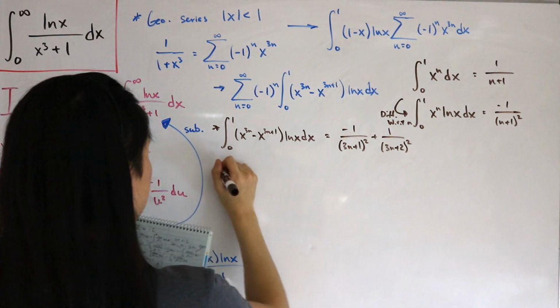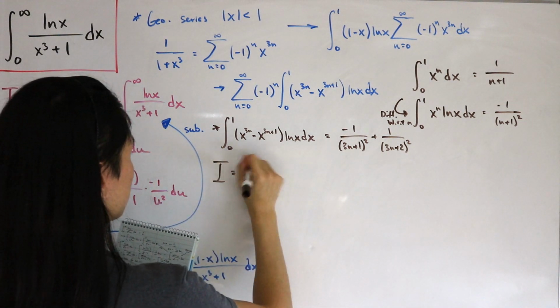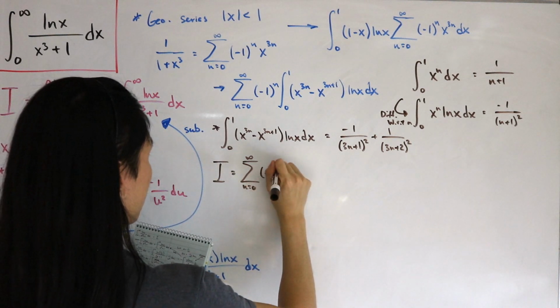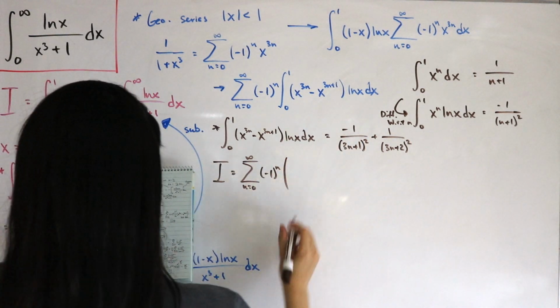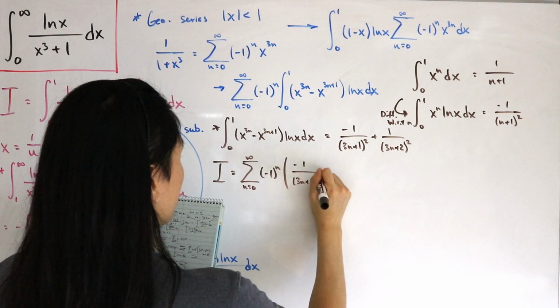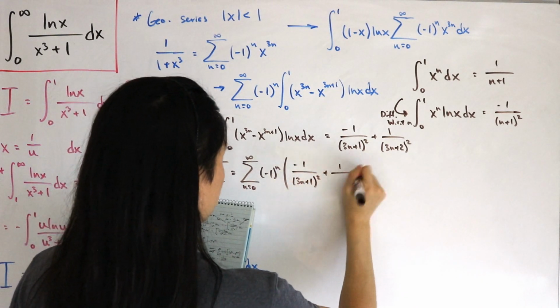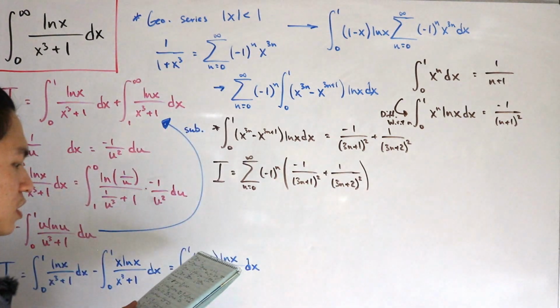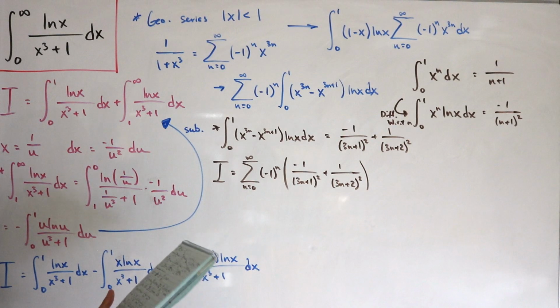Now putting this back together, I is going to equal the infinite sum, n equals 0, of negative 1 to the power n, times negative 1 divided by 3n plus 1 quantity squared, added with 1 divided by 3n plus 2 quantity squared. The next step is going to be something very interesting.